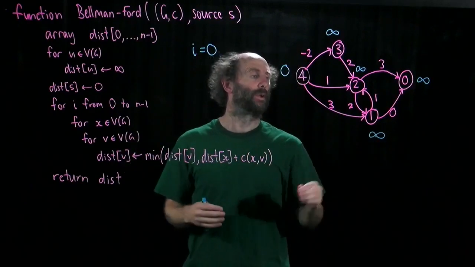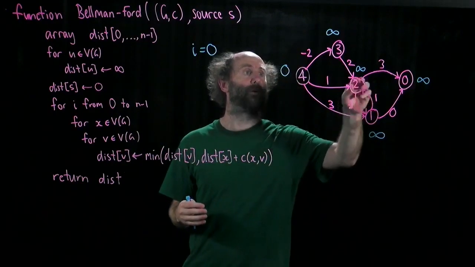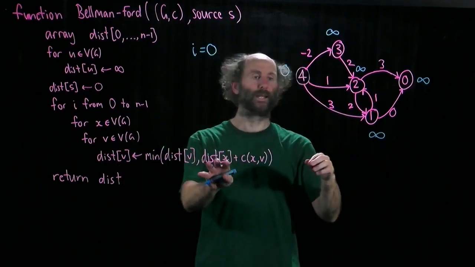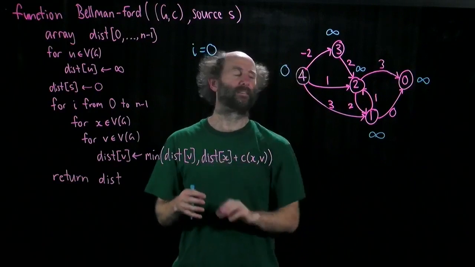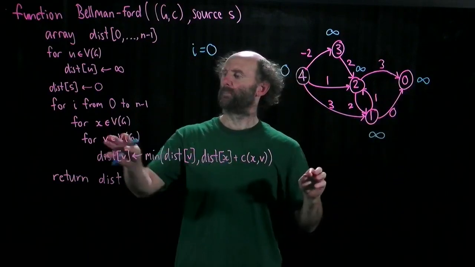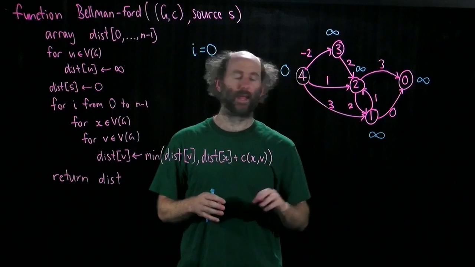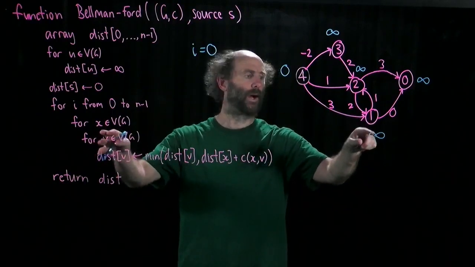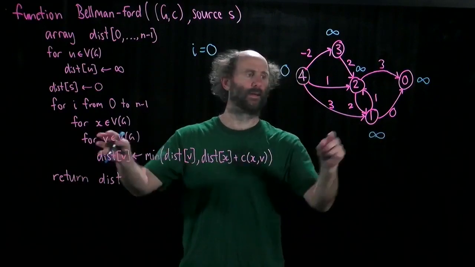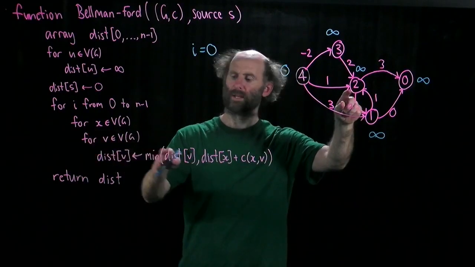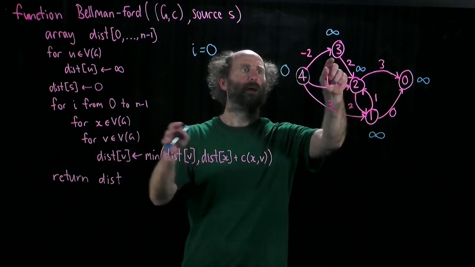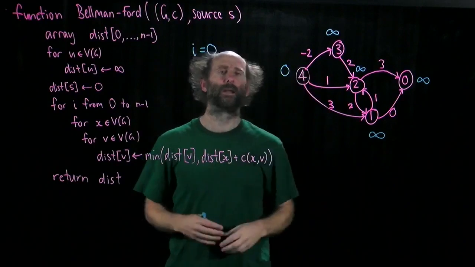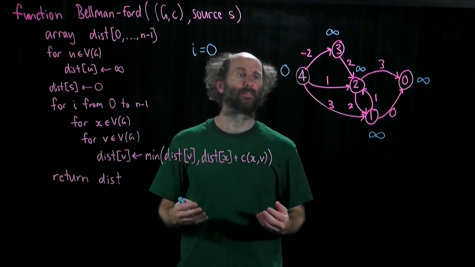So in fact, we can skip over looking at v equals 2, 3 and 4 in this case, because we're clearly not going to make any updates while dist x is infinity. And so we can increment x, and again, if x is 1, we get a value of infinity here. If x is 2, we get a value of infinity. If x is 3, we get a value of infinity. So we skip all the way to the value x equals 4.